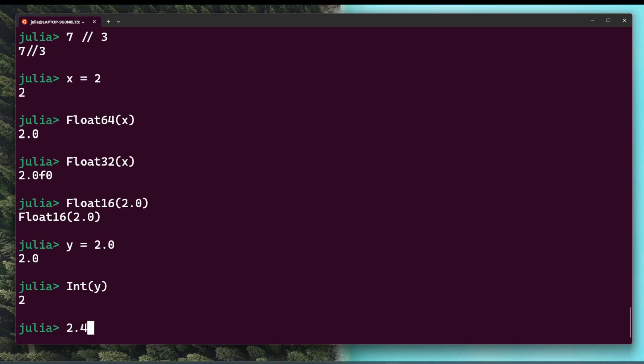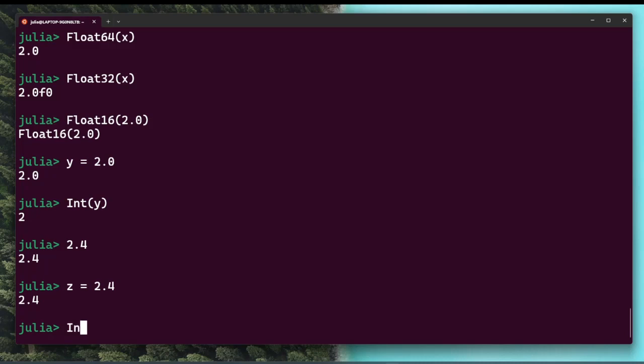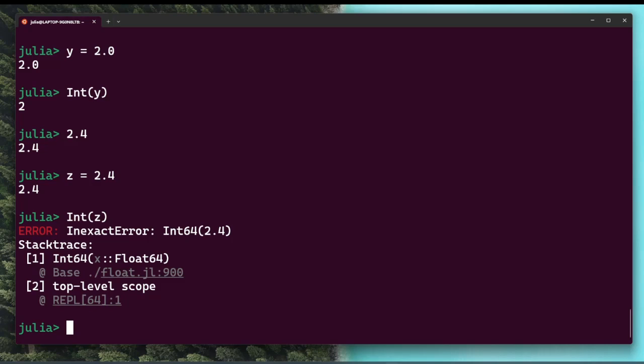One thing you might notice, have this one 2.4. Int of 2.4 will result in an error, because for int conversion we need an exact int value. So we need an exact int value to convert. For this we can use the floor function, and this function rounds off.